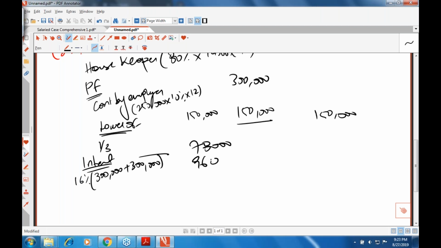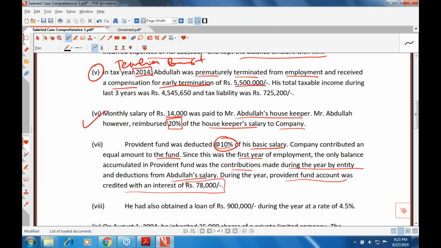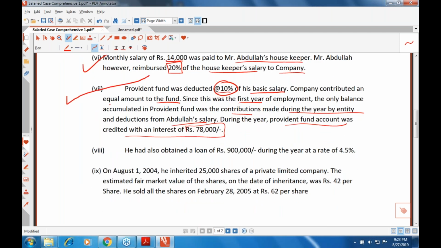So this actually gives you 96,000. So the amount to be included in the salary is going to be 96,000 minus 78,000, which is 18,000, to be included in the salary. Now what next is there? So we've gone through the Provident Fund also.